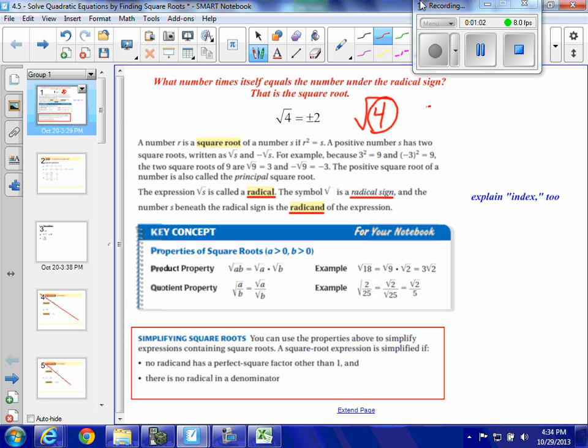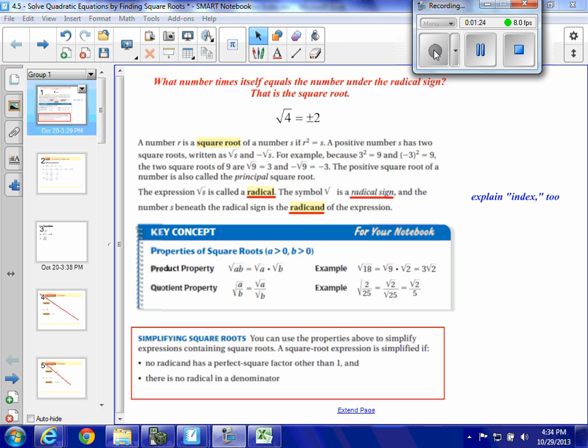Well, 2 times itself is going to give me 4, and negative 2 times itself is going to give me 4. That's going back to pre-algebra a little bit, but sometimes it helps to remember what exactly we're asking for when we get a square root.